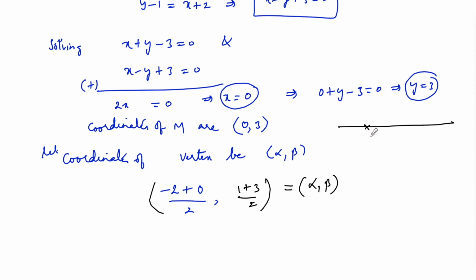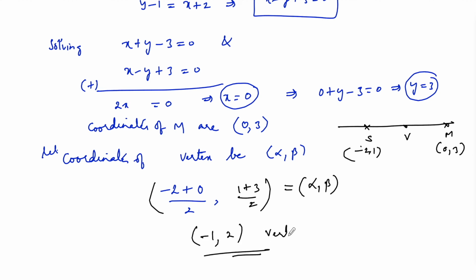Here the point is minus 2 comma 1 and here is the point M, that is 0 comma 3, and V is the midpoint. So minus 2 upon 2 is negative 1 and 1 plus 3, 4 upon 2, is 2. So minus 1 comma 2 is the vertex of the required parabola.